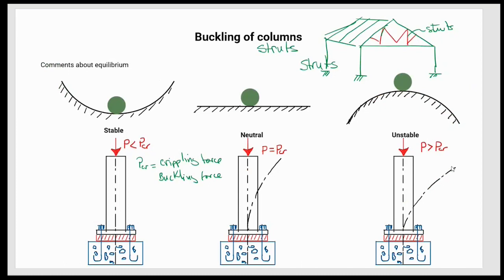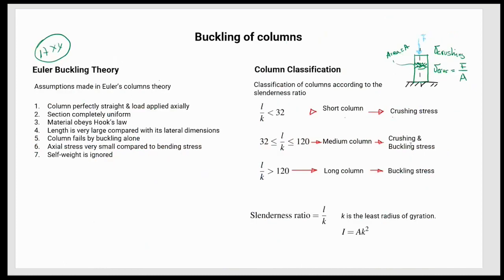When it deforms like this, it generates a bending along the longitudinal axis of the column, meaning that at each height of the column there is going to be a stress created by the bending, and that is called the buckling stress. Then, if it's a long column, it will definitely fail by buckling stress. That's going to be the primary mechanism of failure.